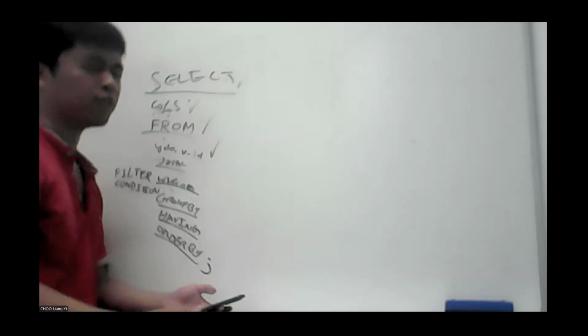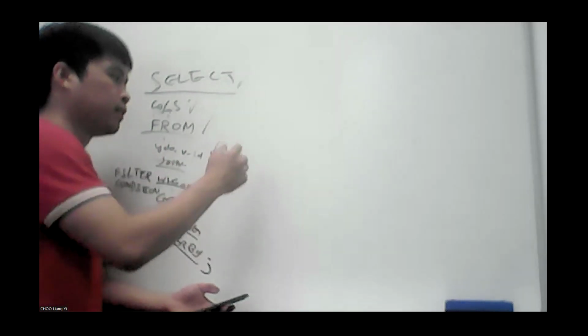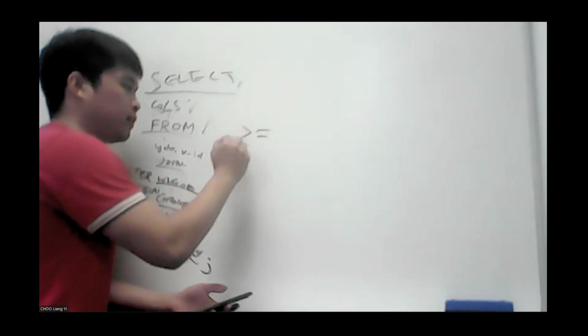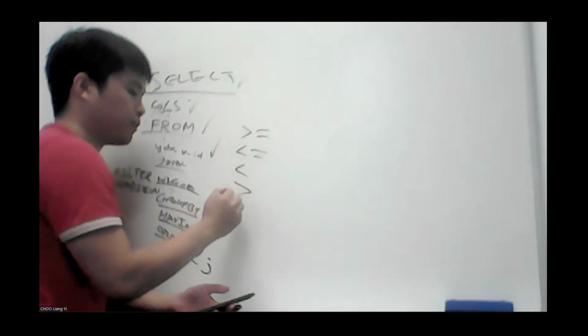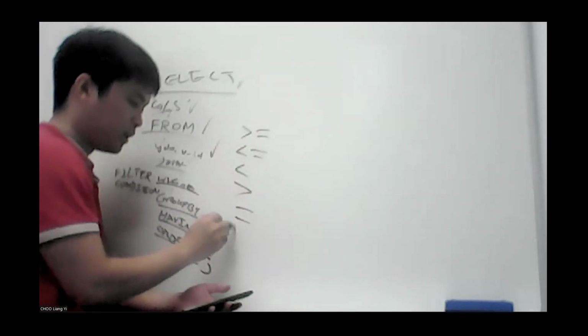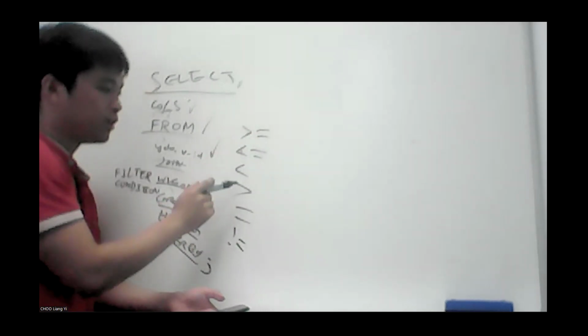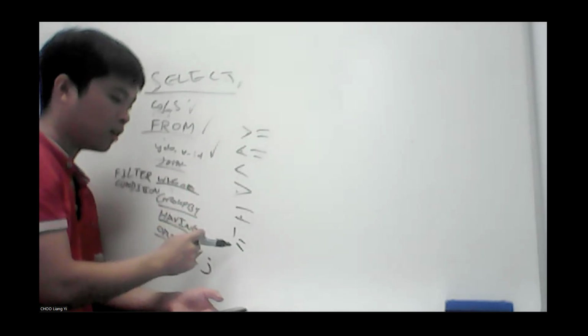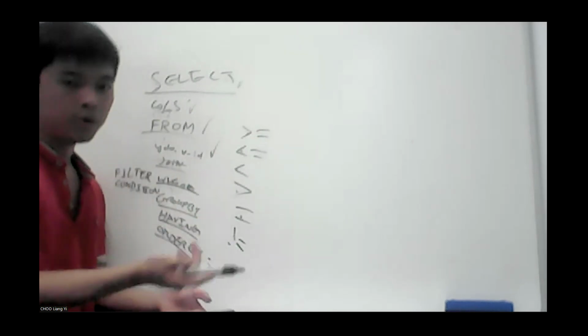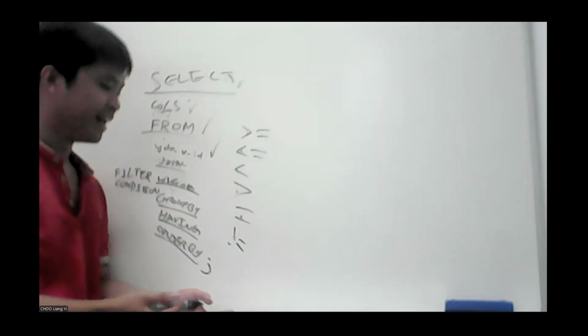Then the filter types: there's a lot of filter types. There's something called comparison operator also. This one is math, inequality. You want to filter by: not equal to, not more than or equals to, less than or equals to, less than, more than, equal. Not equal to, but MySQL is stupid, they don't want to use this.